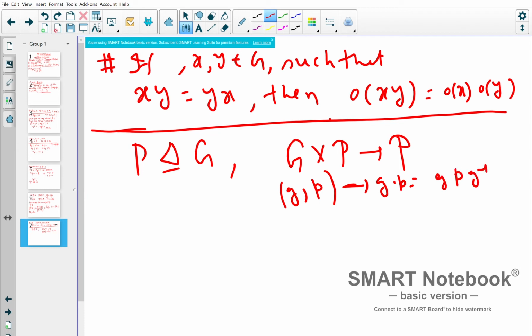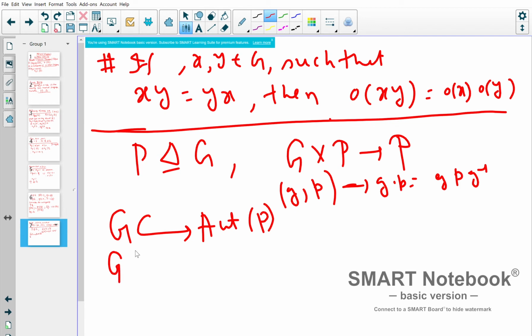And under these actions, remember you have a group homomorphism from G to the automorphism group of P, right? And the kernel is the centralizer of P, right?